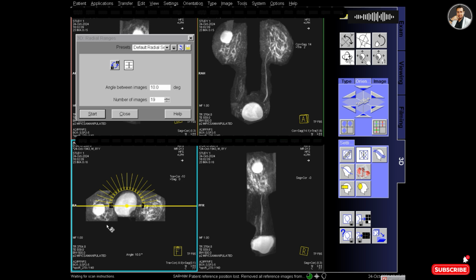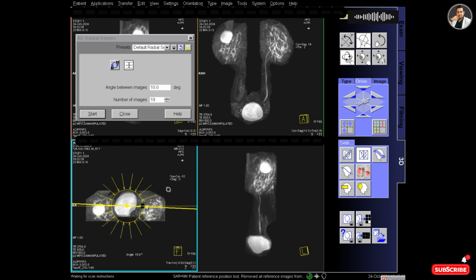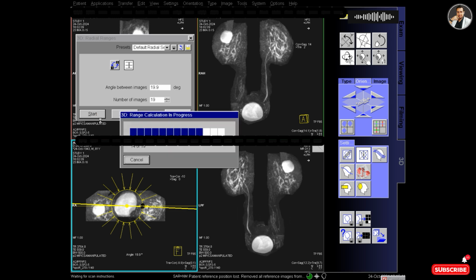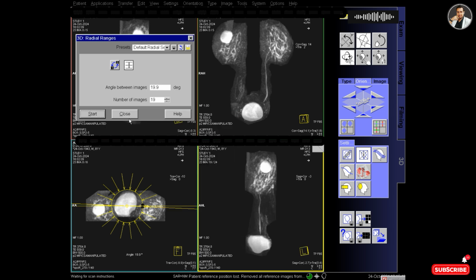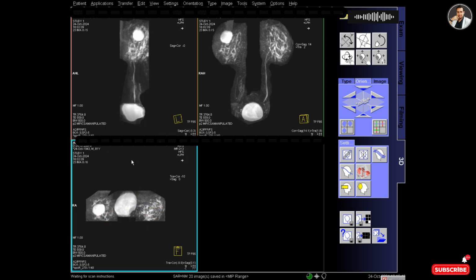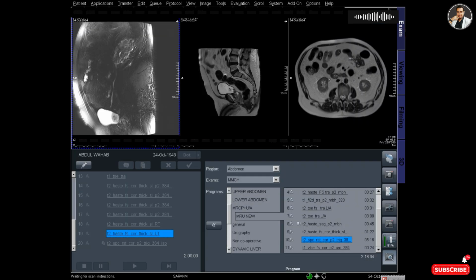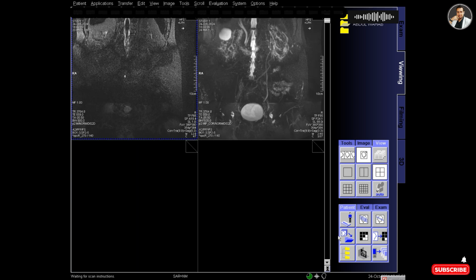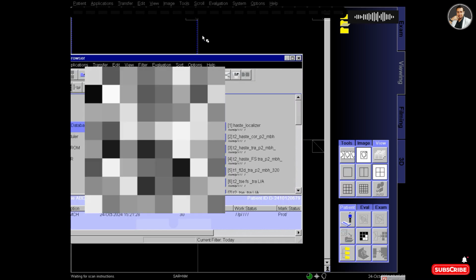So I think it's done, and making the radial images, and click start. I should have cut out more regions from the right side of the right ureter.